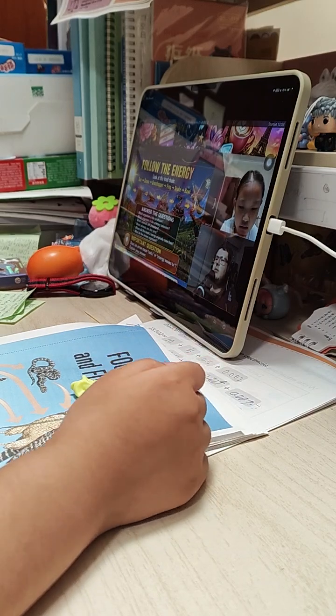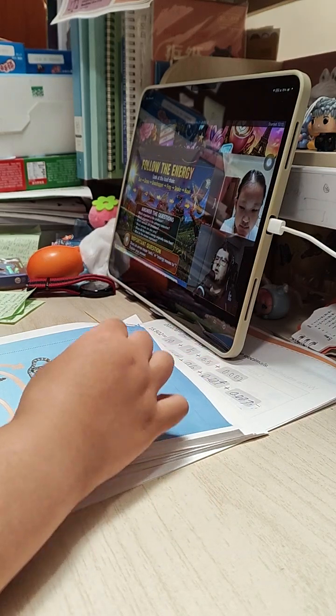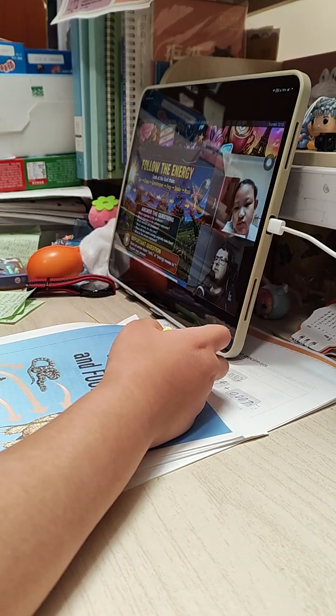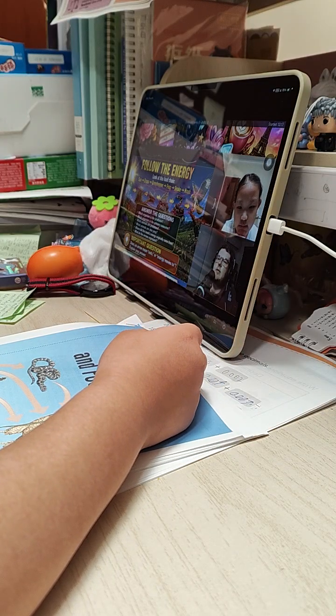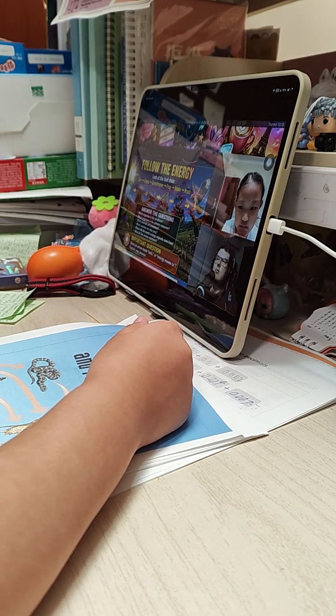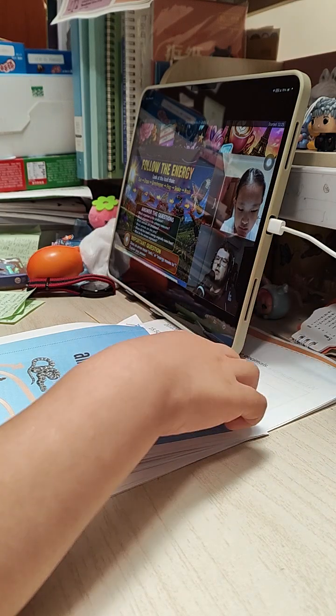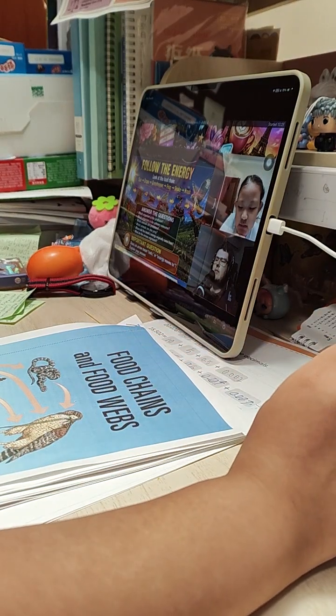This example is a fairly long one. There are 1, 2, 3, 4, 5, 6 organisms, if you count the sun as one as well, in this food chain. Does that make sense?